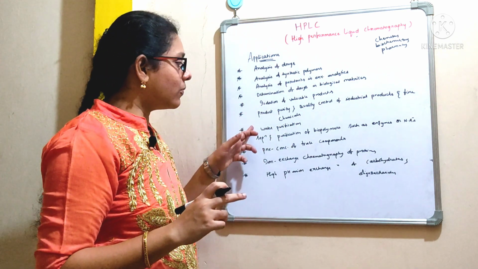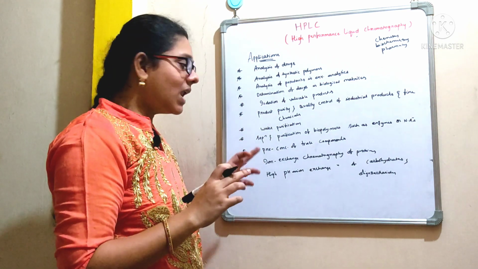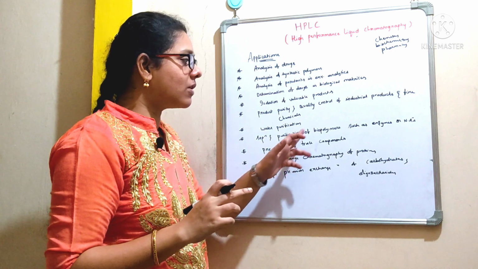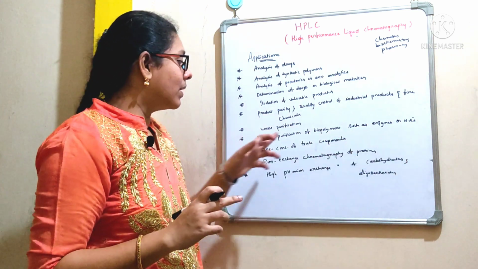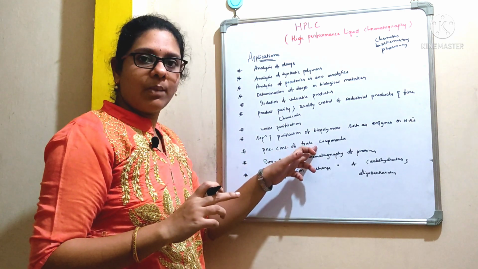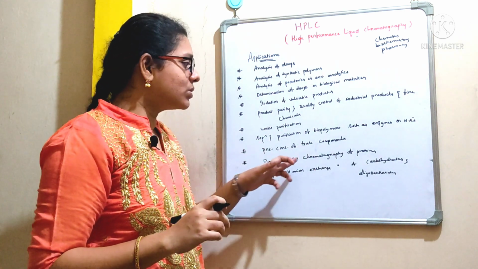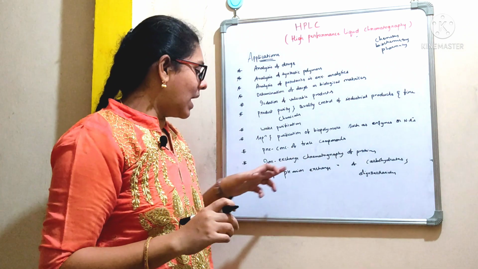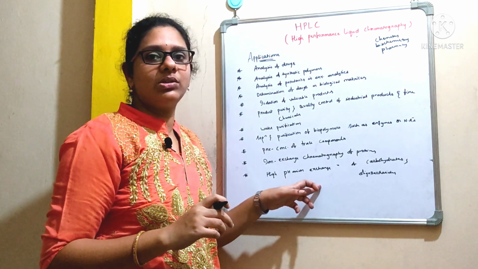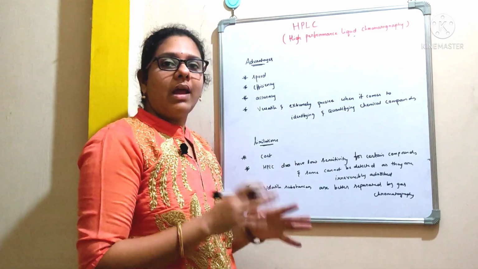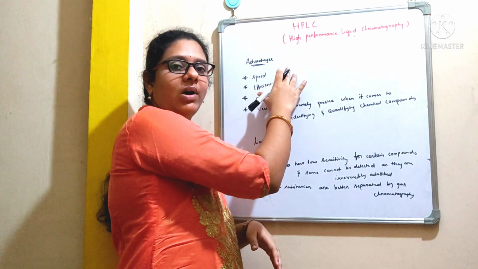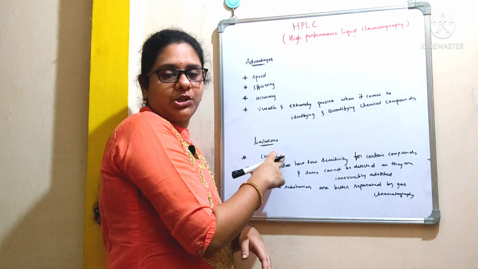It is used for water purification as well as for the separation and purification of biopolymers such as enzymes or nucleic acids, pre-concentration of trace components, ion exchange chromatography of proteins and high pH anion exchange chromatography of carbohydrates and oligosaccharides.